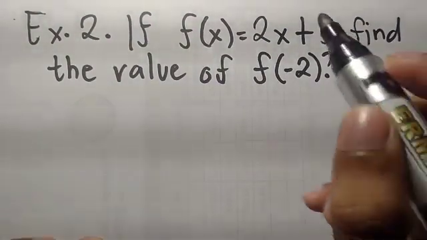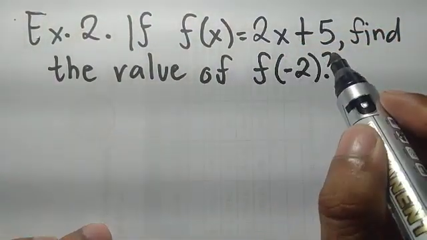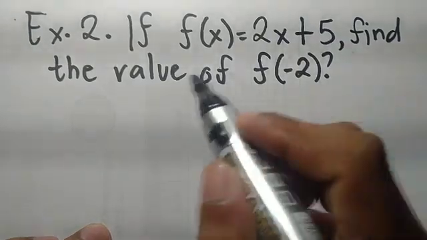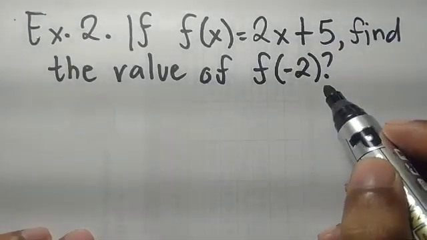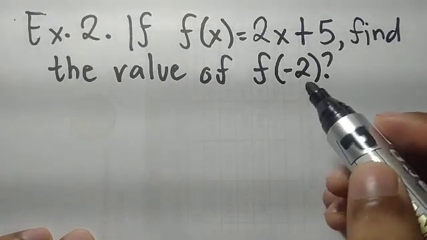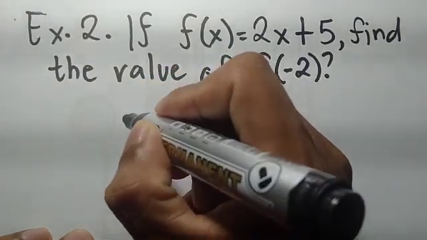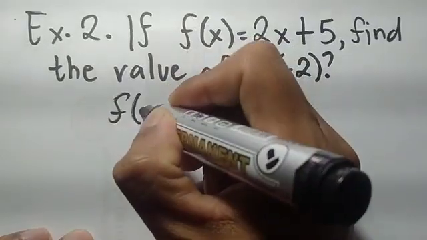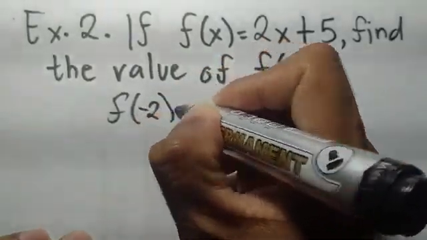Next example, if our function is 2x plus 5, find the value of f of negative 2. Again, we simply replace the x by its given value. So instead of writing f of x, we write f of negative 2.